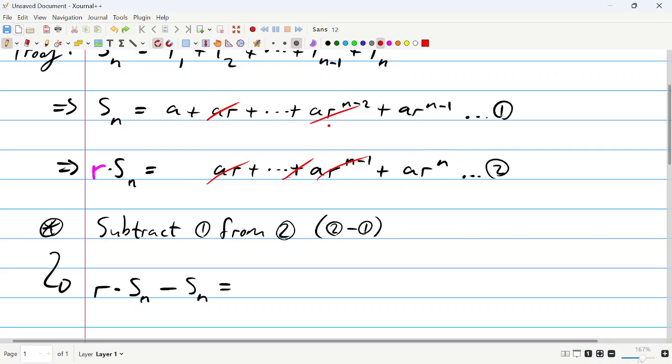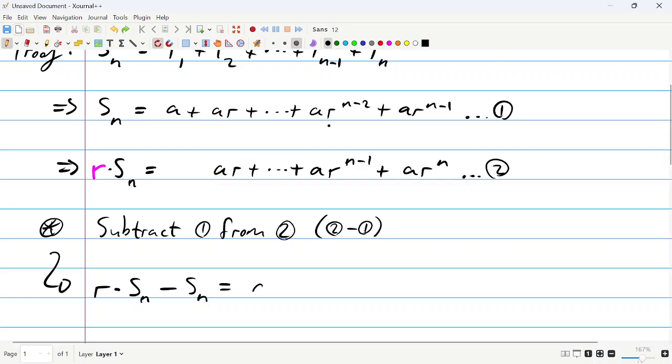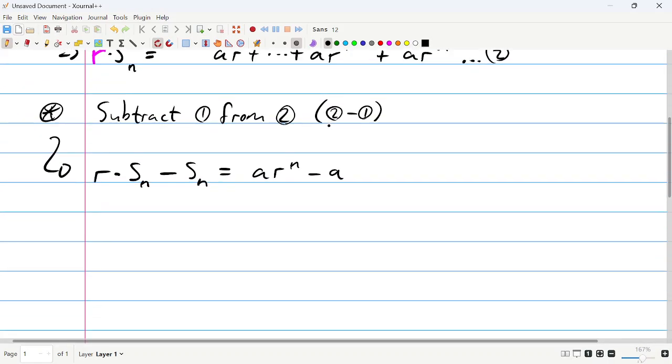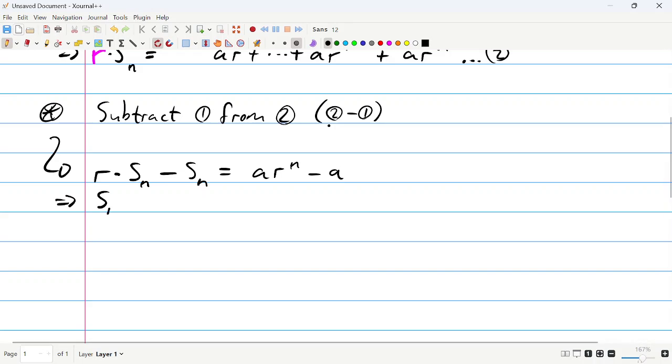So that is that case. So therefore, we are left with A R to the power of n minus A. And then from here, all we are going to do is take out Sn as a common factor, because on the left hand side we can see that Sn is a common factor.